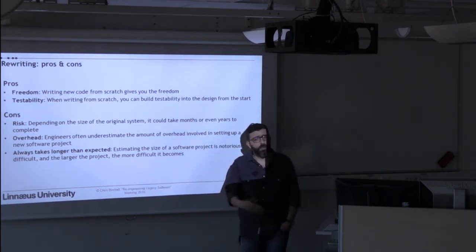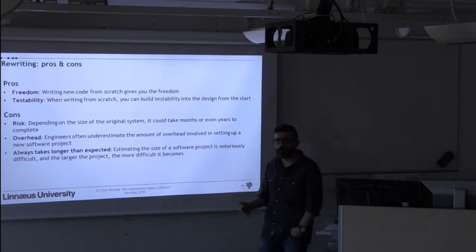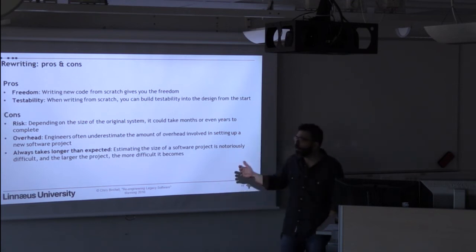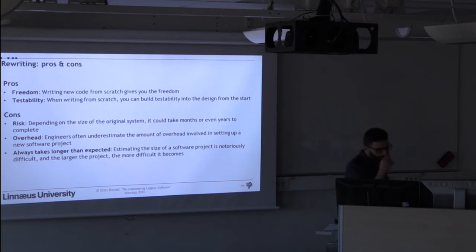And then it always takes longer than expected. You expect to write your system in 5 weeks, and then you discover, approaching the deadline, that there are so many things you didn't think about, or so many bugs, and so on and so forth, and then you go over the deadline. So estimating the time scale is very important.